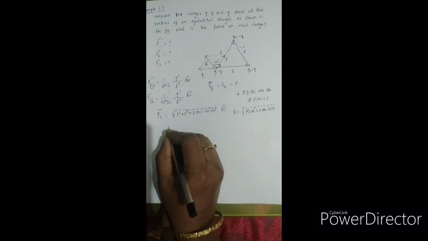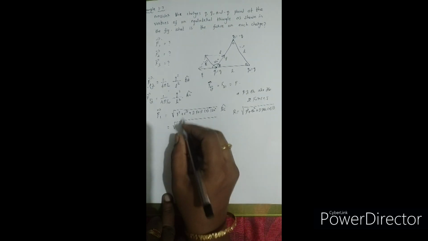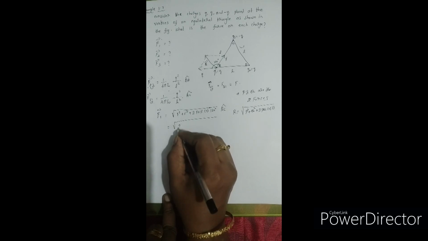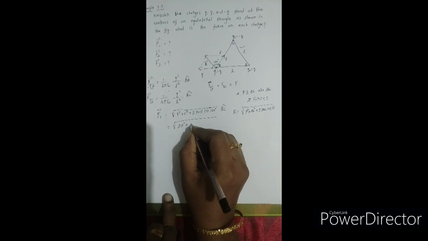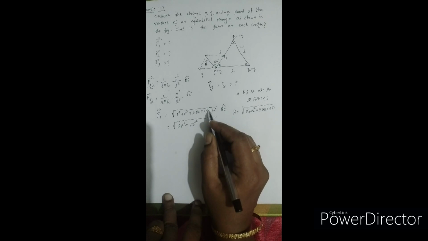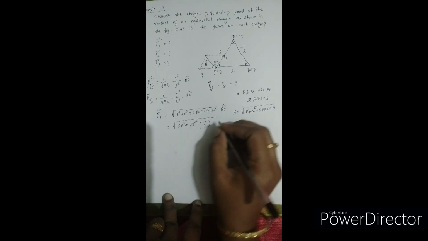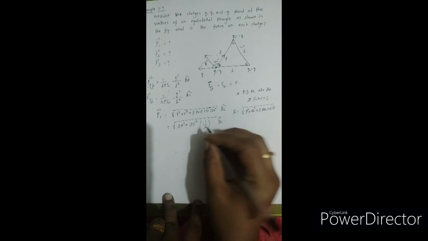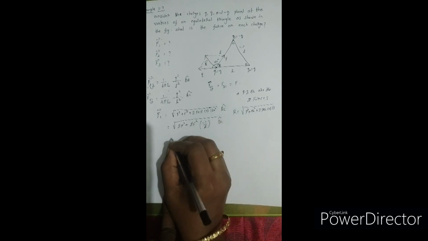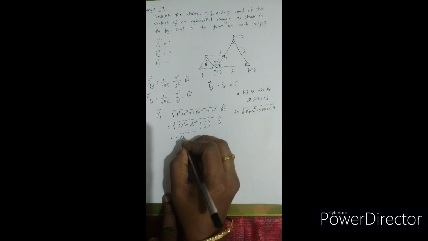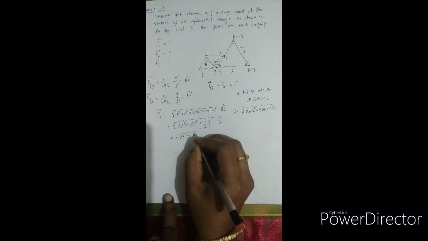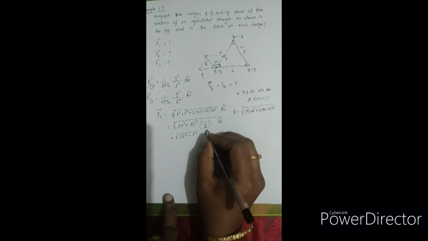So now this works out to be equal to root of F square plus F square plus 2F square, and what's the value of cos 120? That is equal to minus 1 by 2, BC unit vector, right? 2 and 2 get cancelled off, and I will be getting 2F square minus F square along BC.